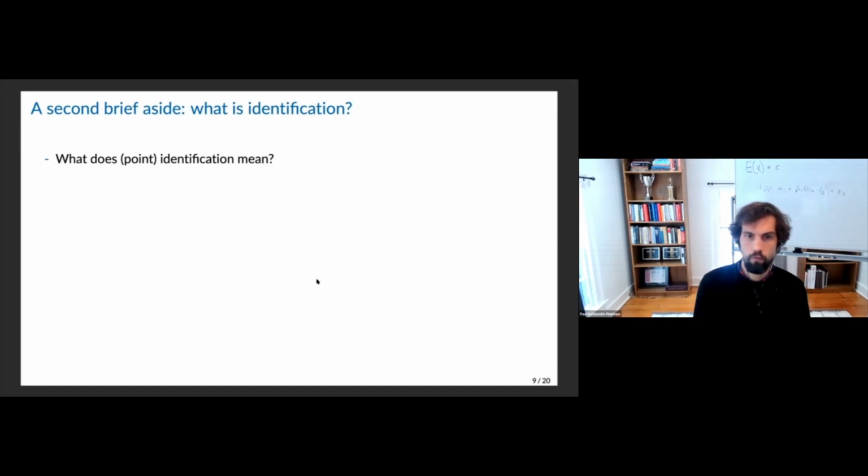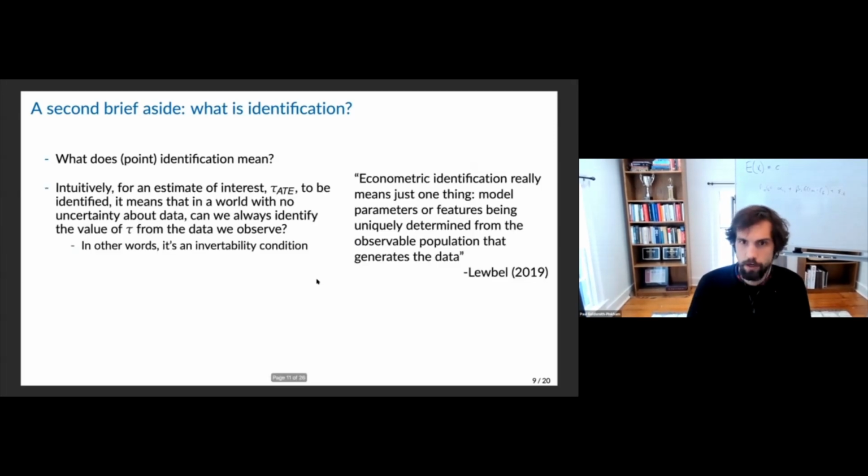So right now, we're going to focus definitionally on what identification means from the, what's the right word, dictionary perspective. When you say something is identified, it means in particular that in a world with no uncertainty about the data, can we always identify the value of tau, for example, from the data we observe.